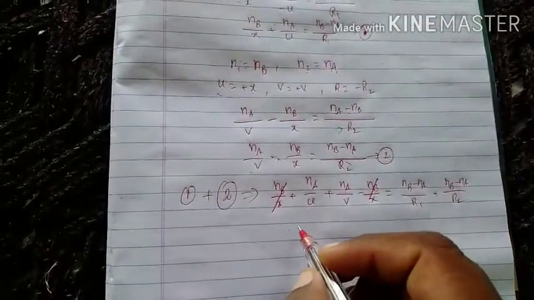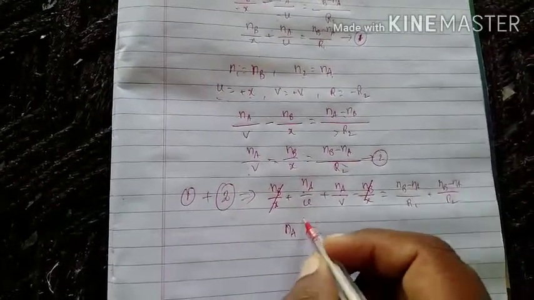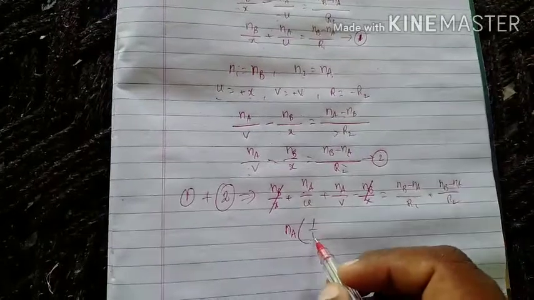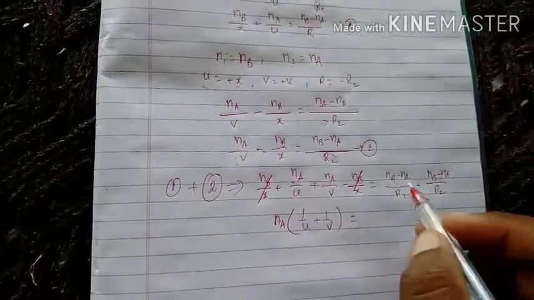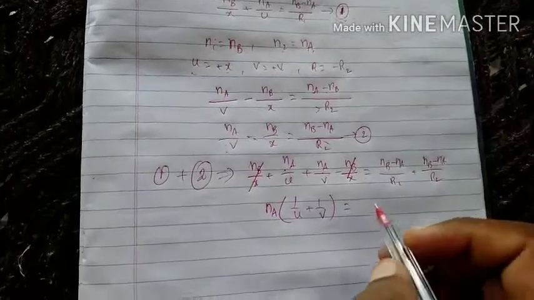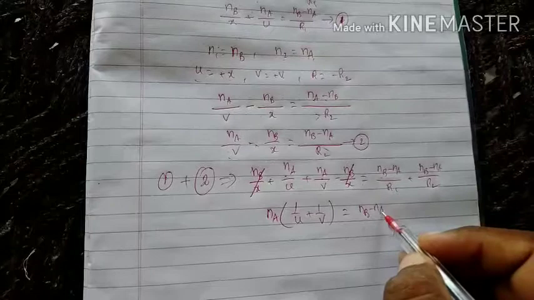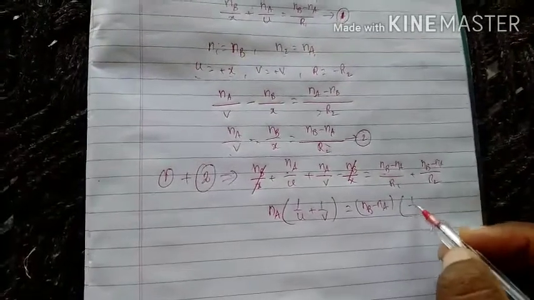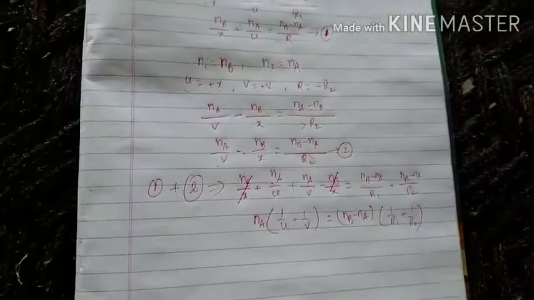Now from the terms, NA is common, bringing that out, 1 by U plus 1 by V. From these two terms NB minus NA is common, bringing that out, 1 by R1 plus 1 by R2.